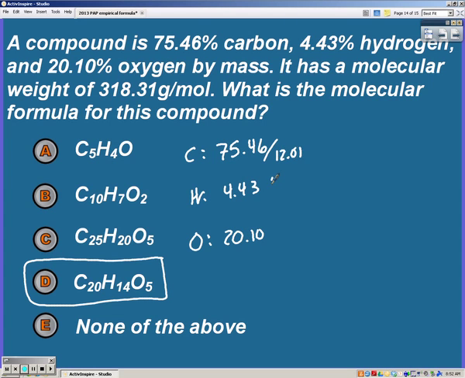We had carbon, hydrogen, and oxygen. Divide those by their molar masses. You should get those values.